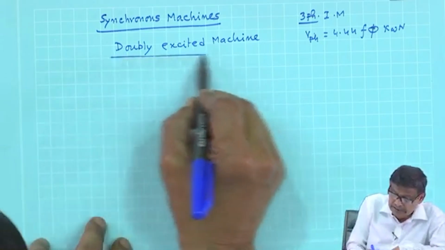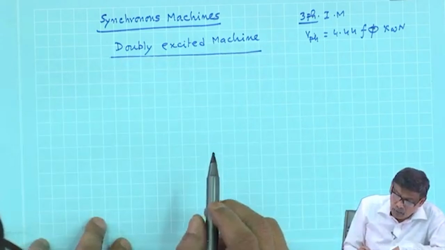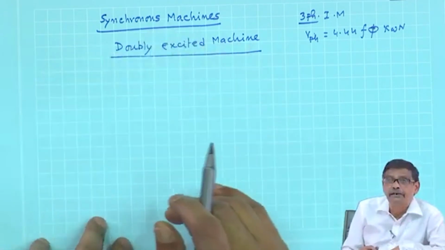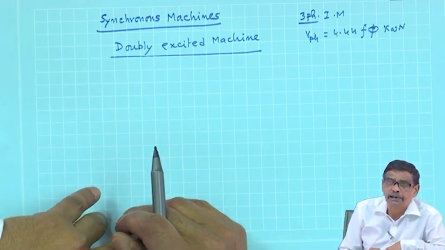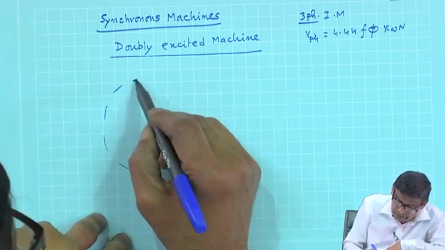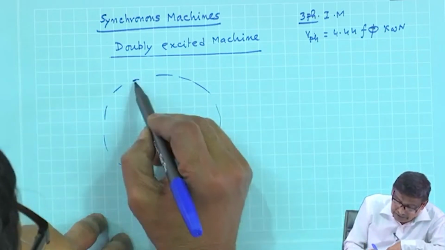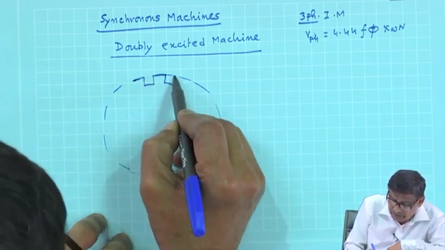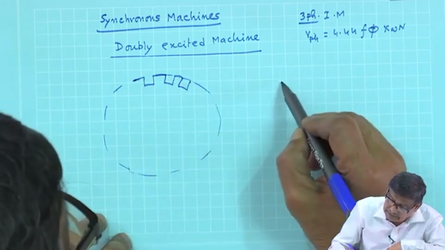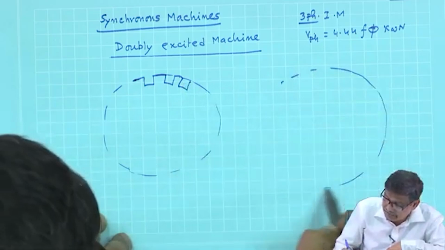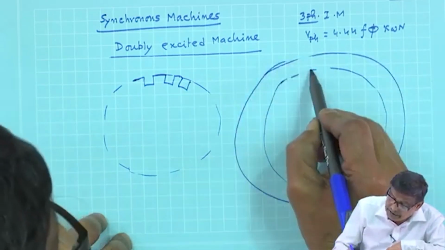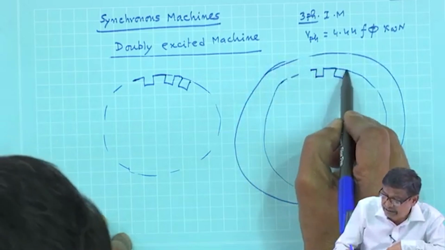So, a doubly excited machine. What happens is this: on the stator you have a 3-phase distributed winding. I will just draw it, now you know what it is, I will not draw all of it. So, like that, this is the stator. Here will be the slots and teeth like that.